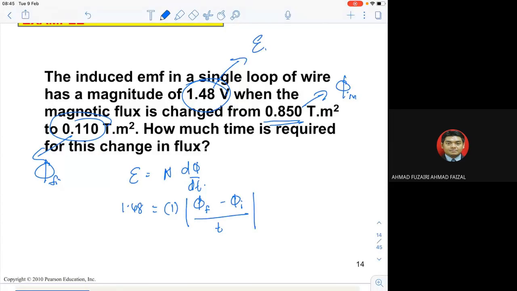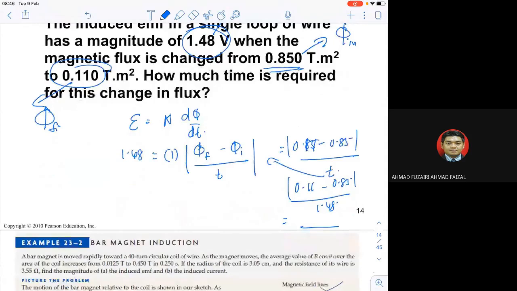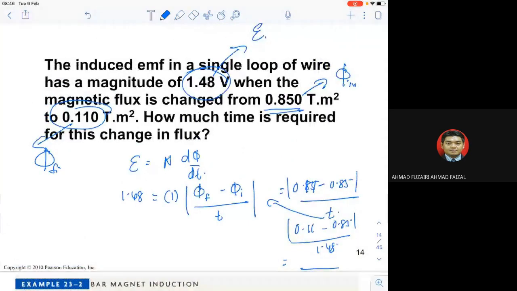So you have 0.11 minus 0.85, with the modulus, times t, so t can be brought here: 0.11 minus 0.85 modulus, divided by 1.48. So that will give you the answer. You can calculate it by yourself. What is the final answer? And the value should always be positive as we want to measure the time.